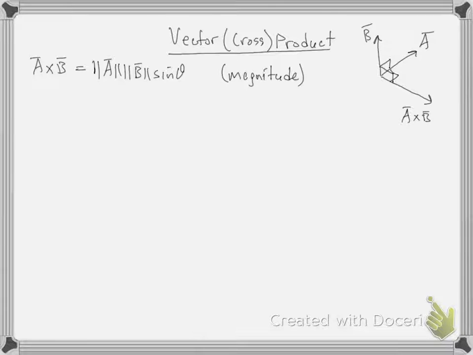It's the magnitude of both vectors times the sine of the angle in between. We'll use this coming up. That's the magnitude of this new vector.